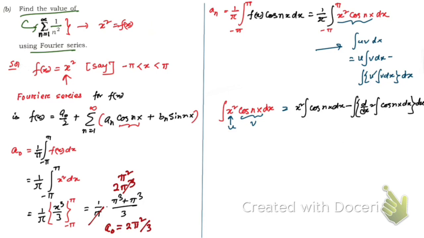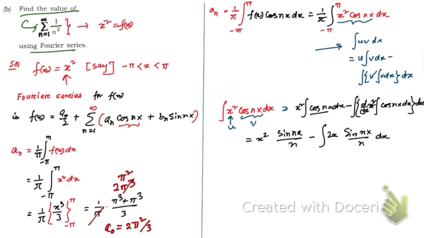So that's what we will get. Now you see, integration of cos nx dx is sin nx by n, then minus the derivative of x square, which is 2x, times integration of cos nx dx, again sin nx by n, dx.